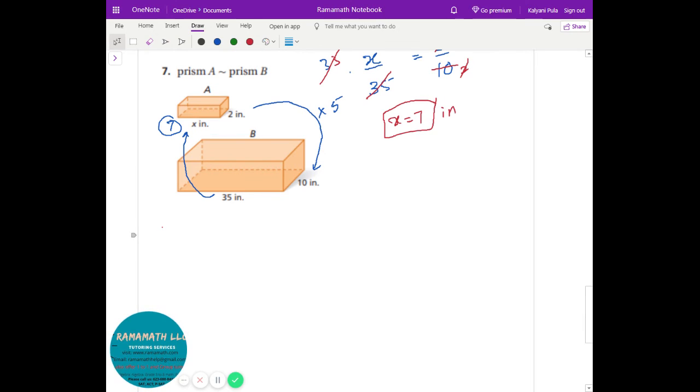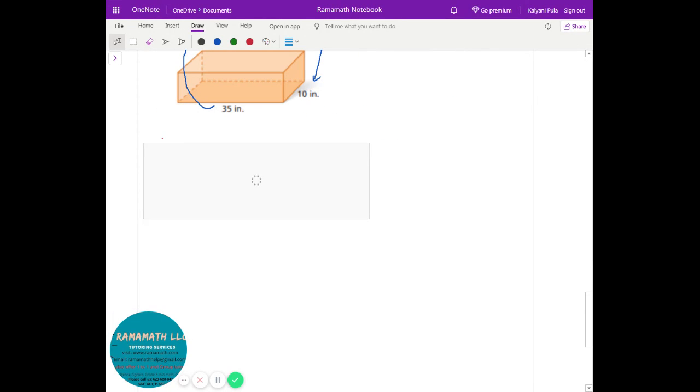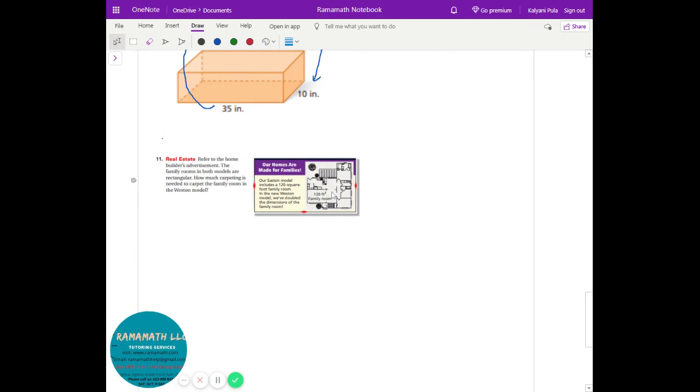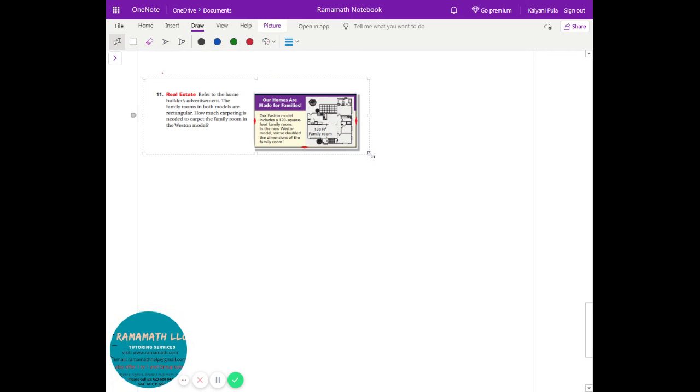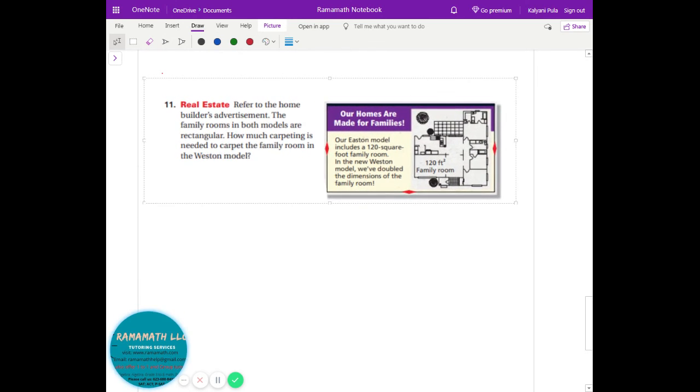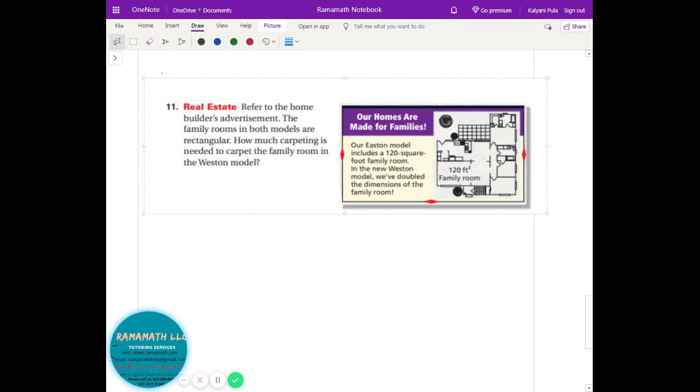All right, next question is about properties, for real estate, what we can call. So when you're building, especially when your parents are looking to buy a house, they always look for the floor plan. So they look at it like, oh, okay, what comes with it? So this is a model.